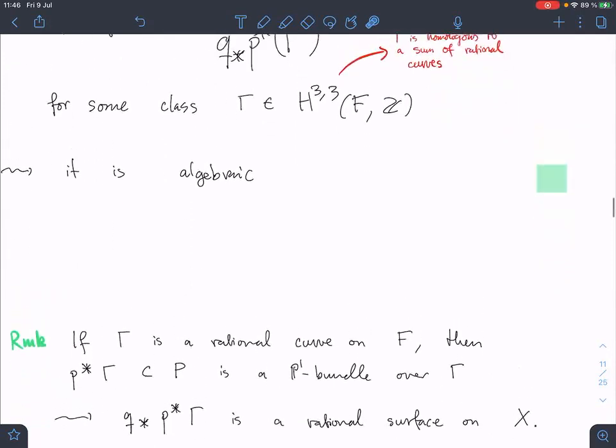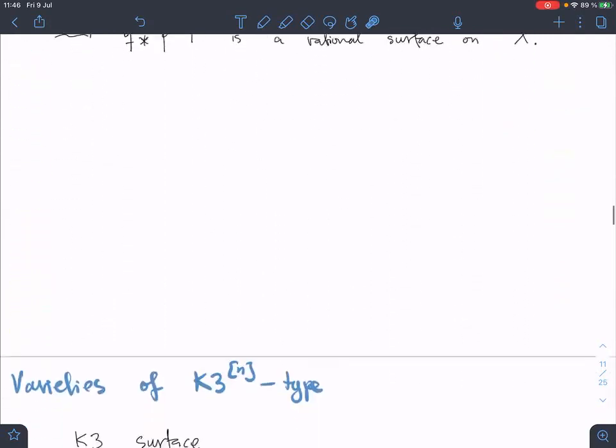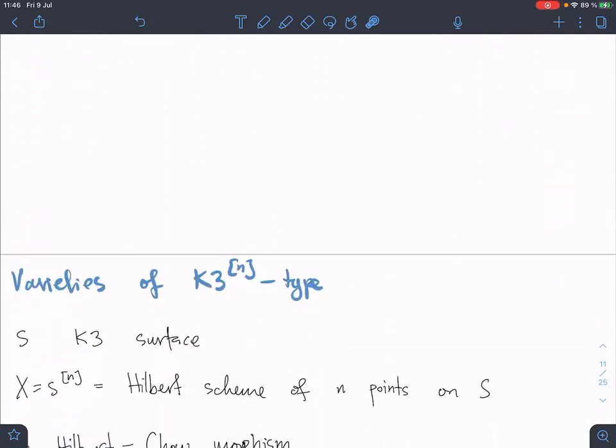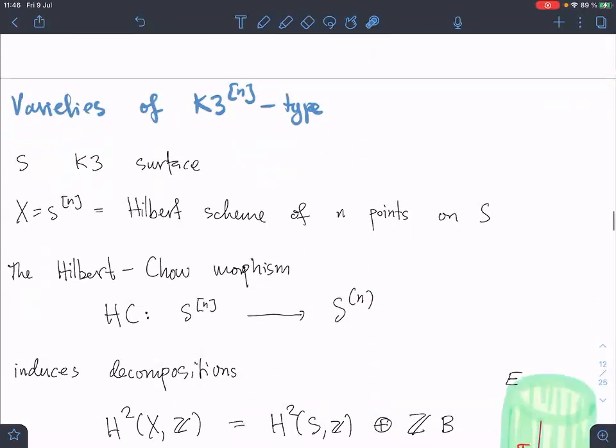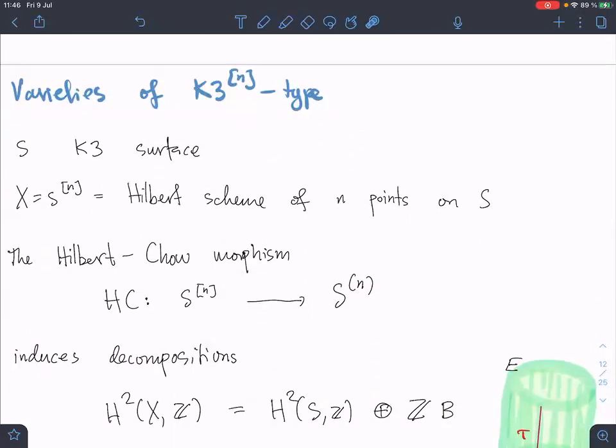Okay. Well, if not, then I'll try to sketch the proof of the main theorem, which is that the integral Hodge conjecture holds for curve classes on K3^[n] type varieties. So yeah, we start with the K3 surface, and now let's define X to be the Hilbert scheme of n points on the surface.